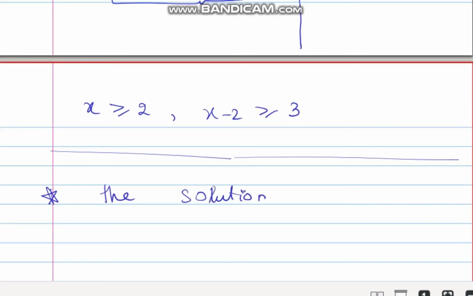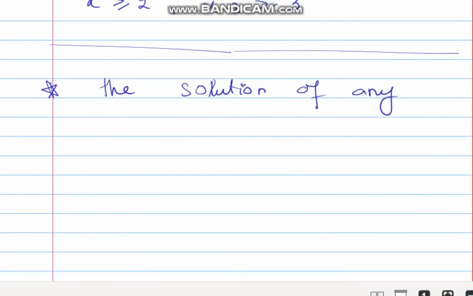For inequalities, the solution of any inequality is a graph, not a single number, like an equation. The solution for any inequality is a graph, not a single number.